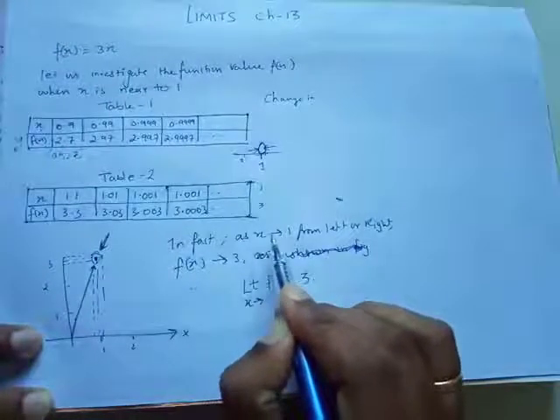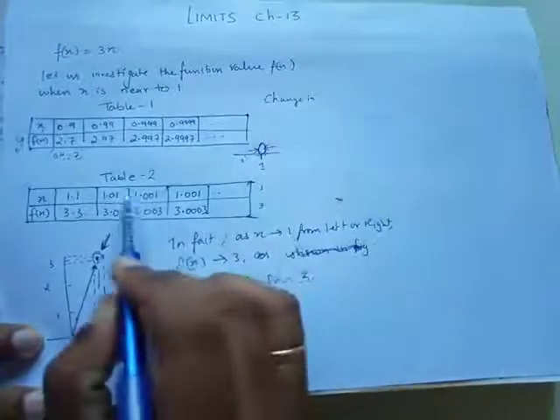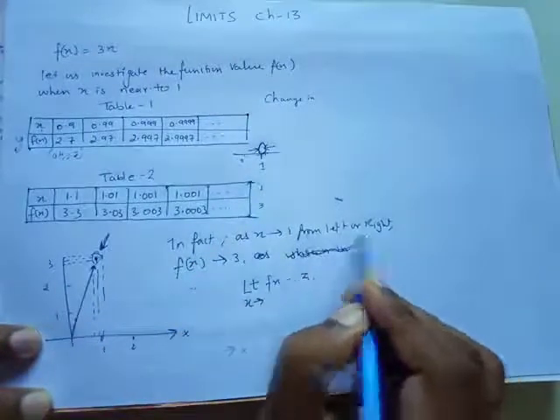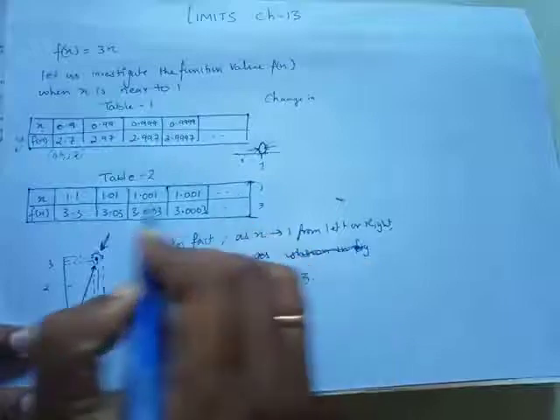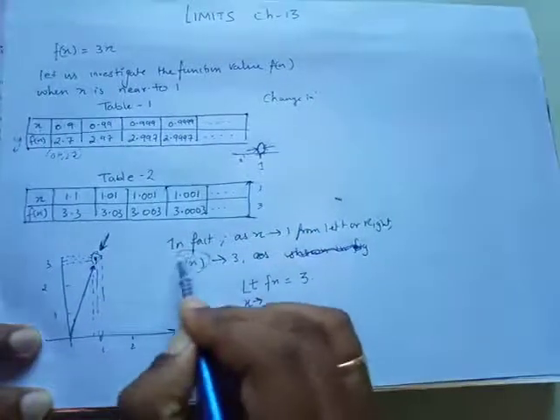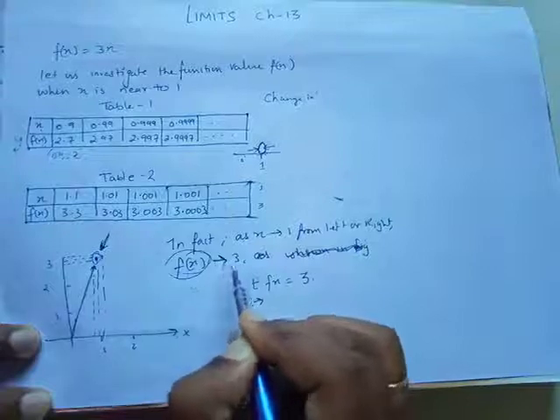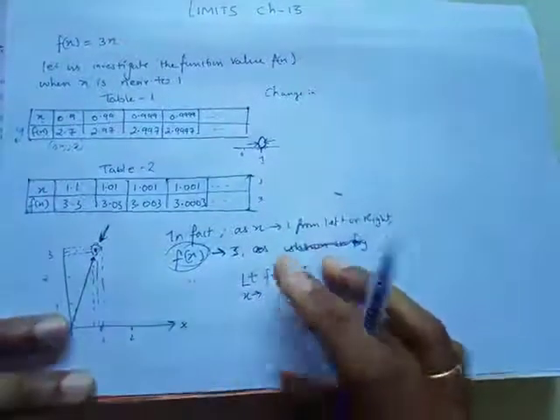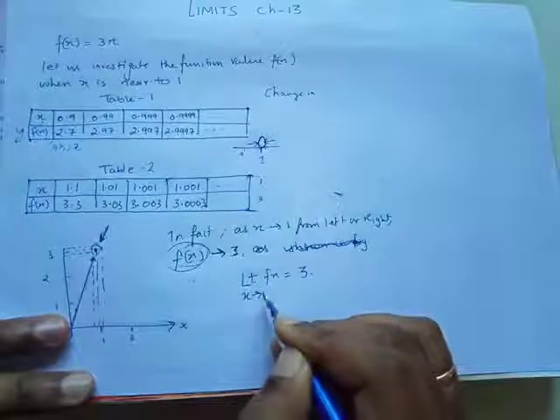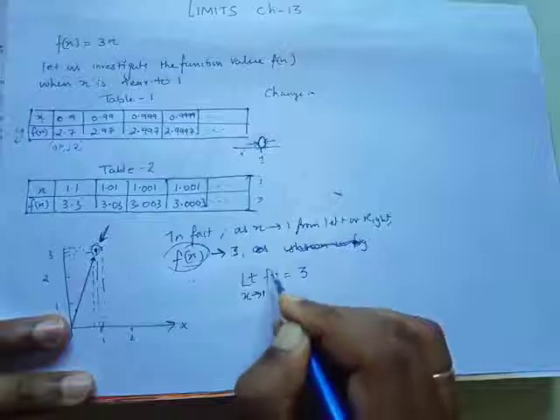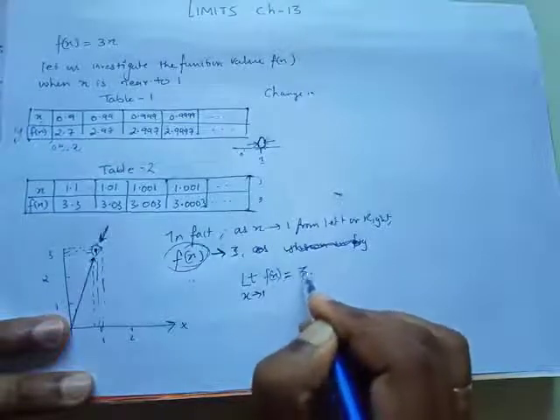As x is reaching towards 1, either from left or from right, as it's reaching 1, the function is also reaching towards a goal, that is 3. So how do I write this? I write limit x tends to 1, x moving towards 1, then the function is going to be 3.